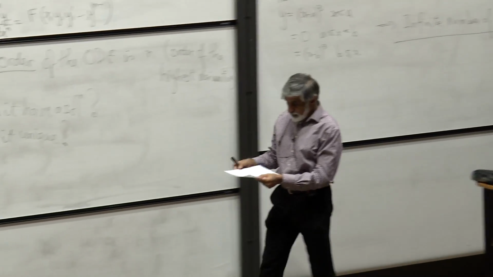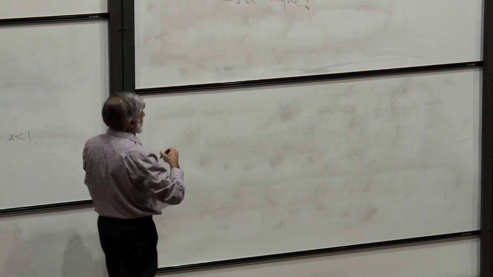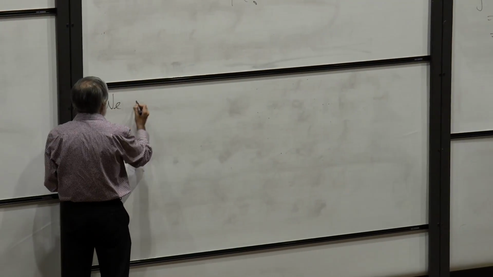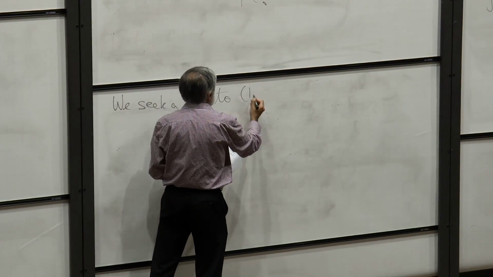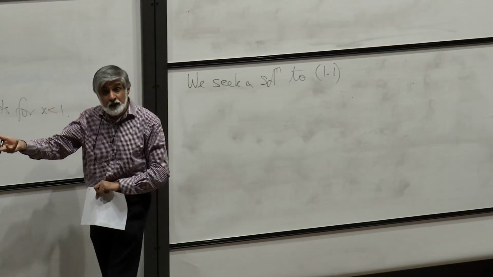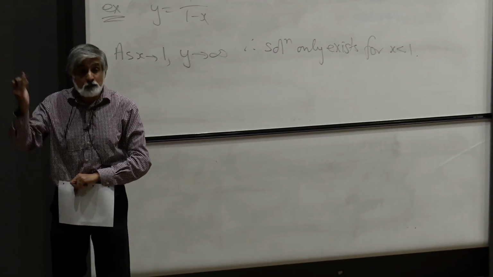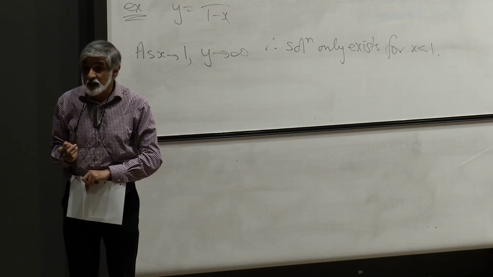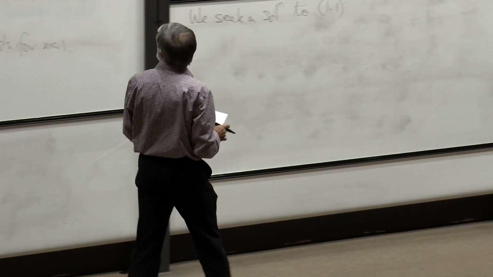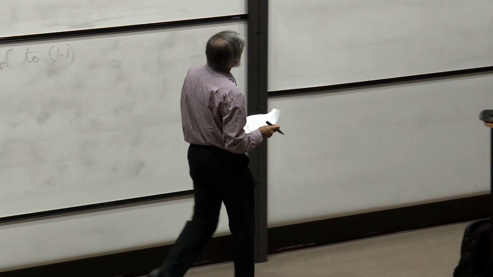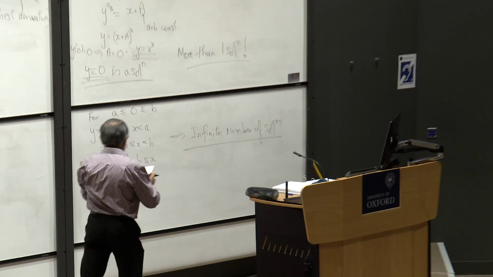So basically, we seek a solution. First of all, what that tells you is there's a problem here that needs to be solved. Just because you've got an ODE, an initial value problem, doesn't mean you can write down a solution. It may not exist, and there may be more than one solution. Okay, so 1.1, way up there, the initial value problem.